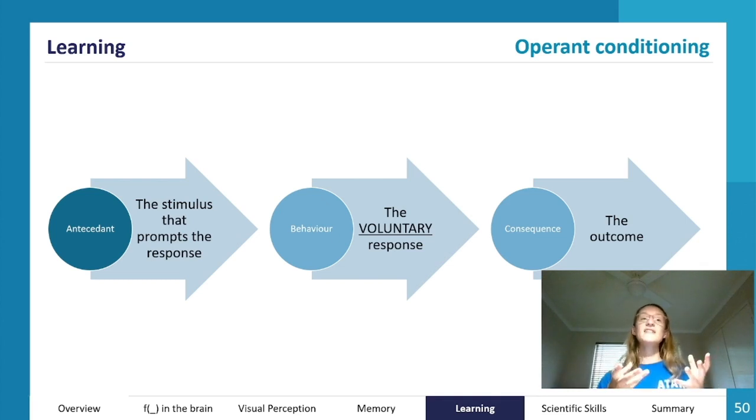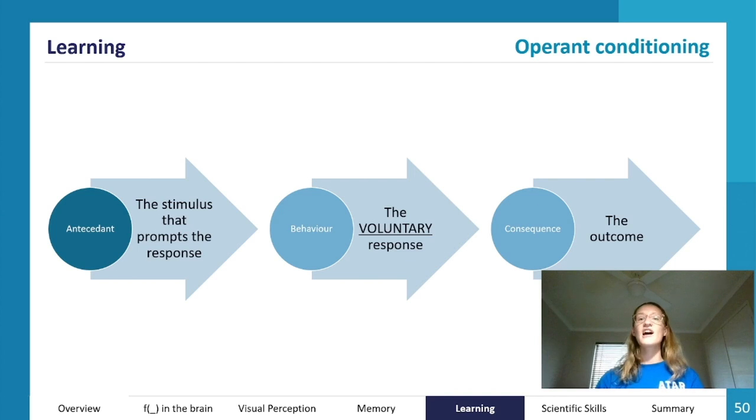Next time a similar antecedent or environment comes up that prompts the response, instead of hitting, the child might think, okay, last time I exhibited this behavior, I got put in timeout, which was awful, and I don't want to have to do that again. So I'm going to voluntarily choose to be kinder to my sibling rather than face the consequence if I act in an inappropriate way again.